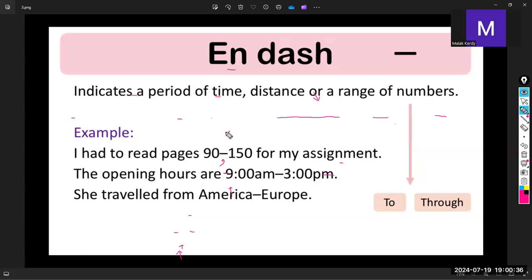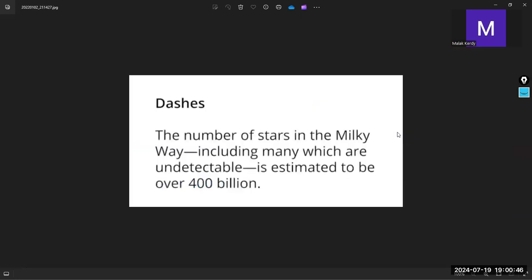This is wrong. So please, only the M dash could be replaced, but not the N dash. Please don't mix them because this is really important.